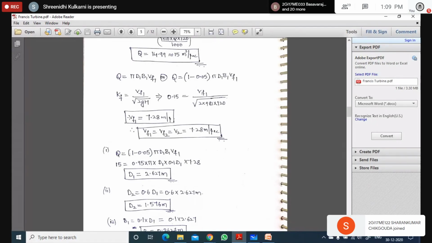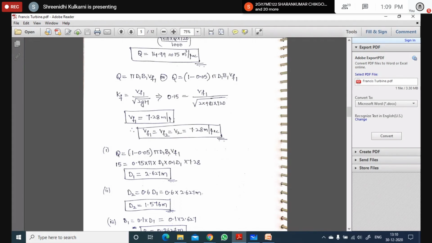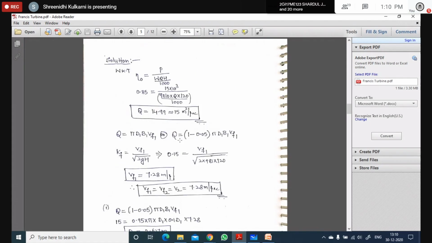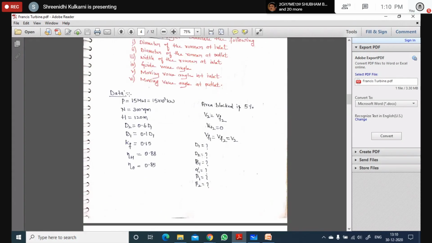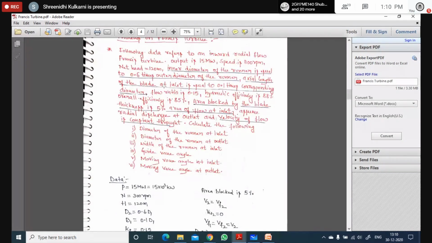So next I'll use the Q formula and substitute. Q is equals to area blocked, that is the 5% area blocked, into pi into d1 and b1. We can take b1 in this form because in the data itself they gave that the axial length of the blade at inlet is equal to 0.1 times corresponding diameter.